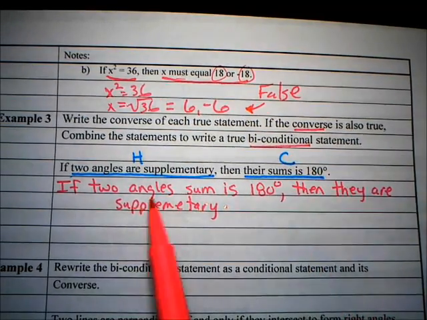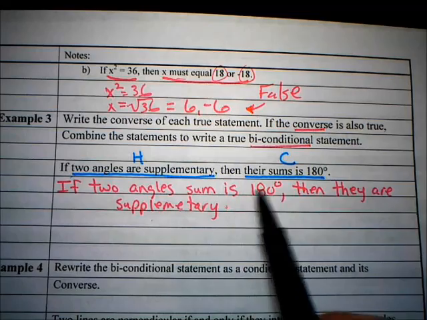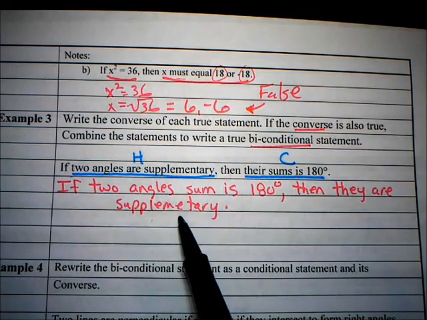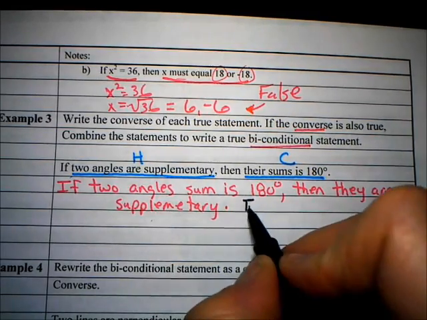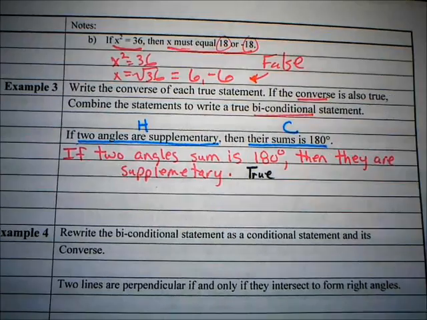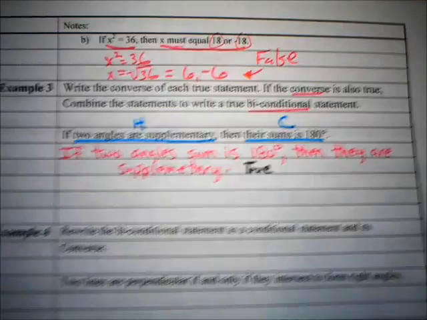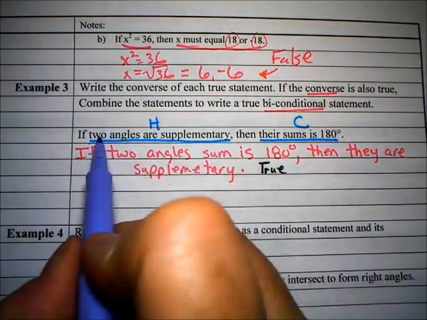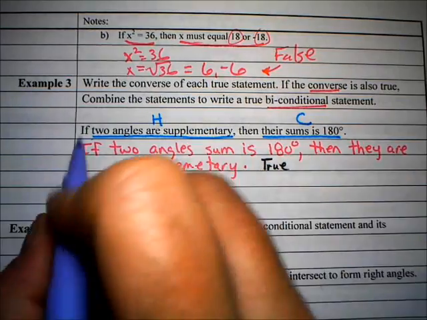Okay, is this true? If any two angles sum together to equal 180 degrees, are they classified as being supplementary angles? That is a true statement. Okay, so here we go. We've got to write this in a biconditional statement. To do so, we're going to state the hypothesis again. Two angles are supplementary.